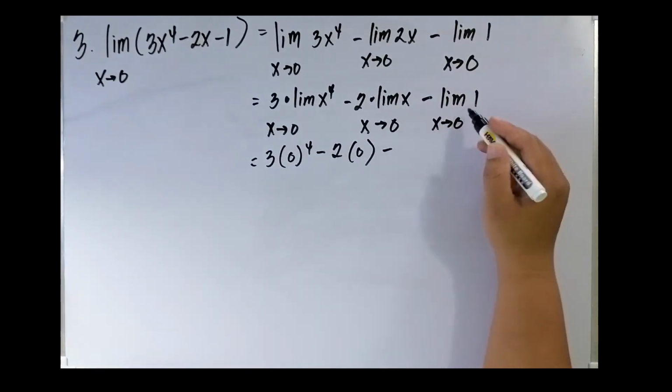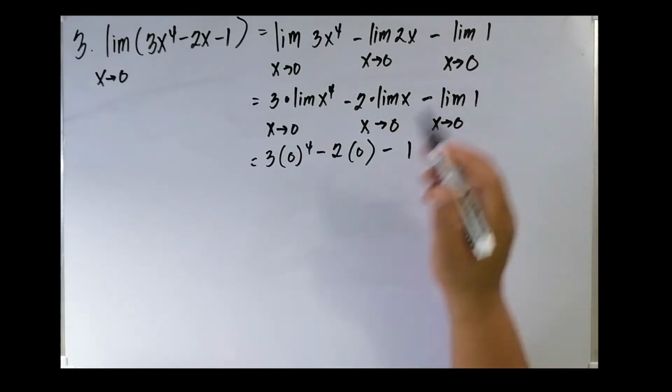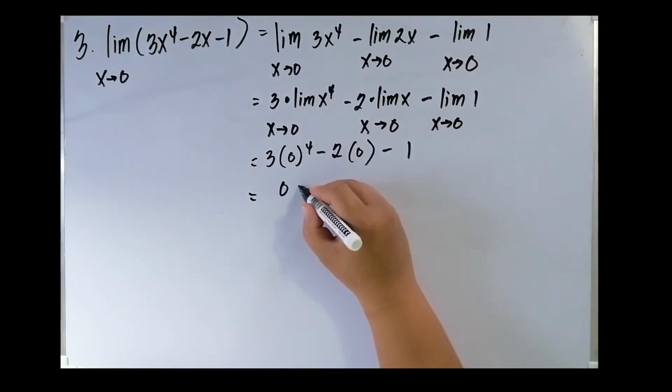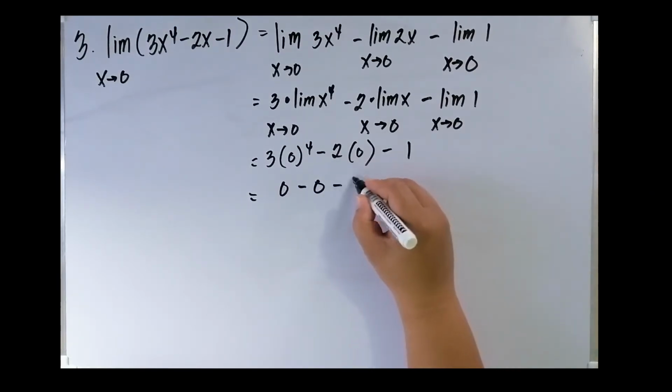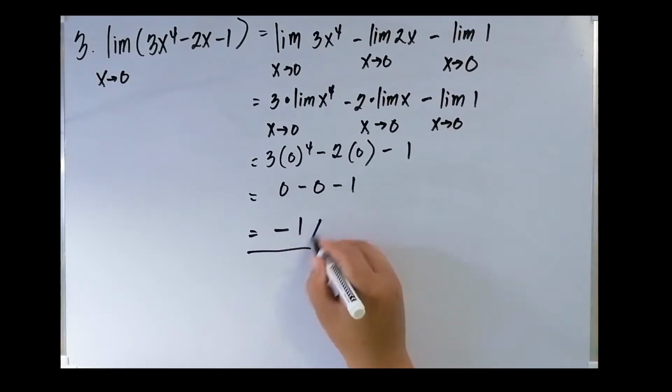And then the limit of 1 as x approaches 0 is 1 by constant theorem. So this is equals 0 minus 0 minus 1. And our limit is negative 1.